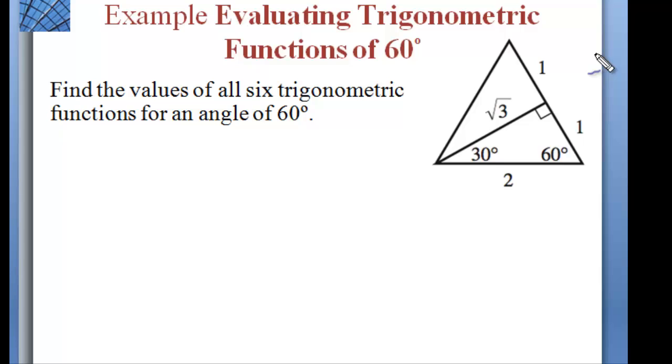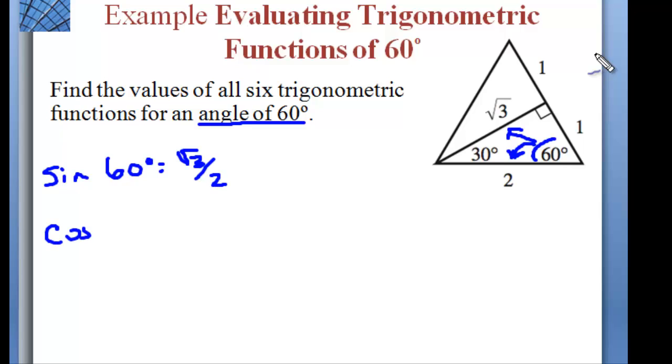The second special triangle is the 30, 60, 90 triangle. So let's take a look at evaluating for the 60-degree angle. So the sine of 60 degrees, which is the opposite over hypotenuse, we go to 60, the opposite of the 60 over the hypotenuse is the square root of 3 over 2.